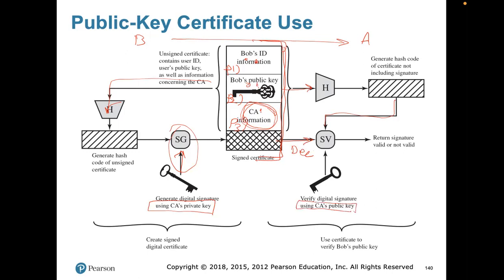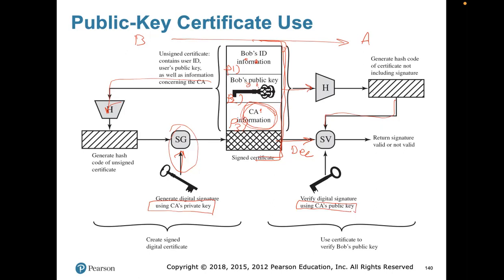I told you that everybody has the CA's public key. The CA is someone that everybody trusts. So everybody has the public key of the CA, and everybody can trust the public key of the CA as well.